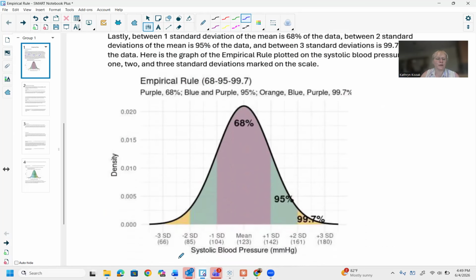So you can see we started with our scaling, 123 at the middle, went 142, 161, 180 for 1, 2, and 3 standard deviations above, 104, 85, and 66 below, and then drew a normal curve over top of it, and then put in our probabilities.